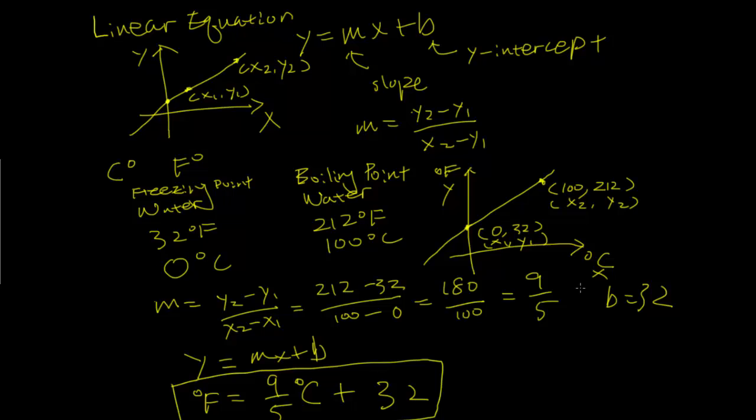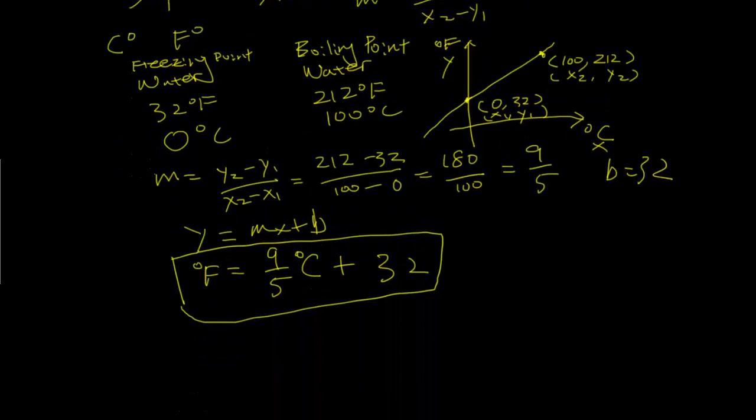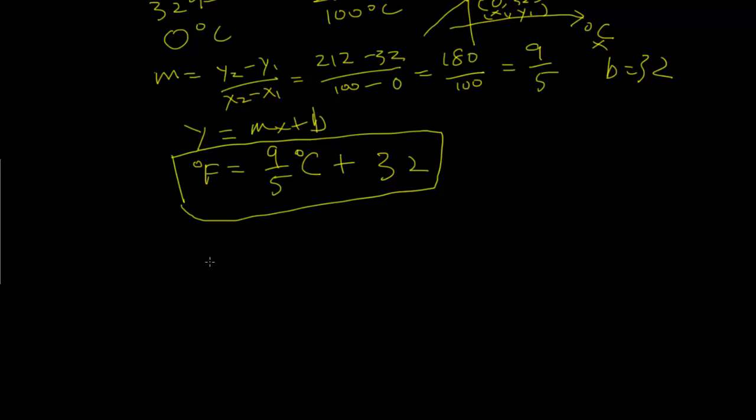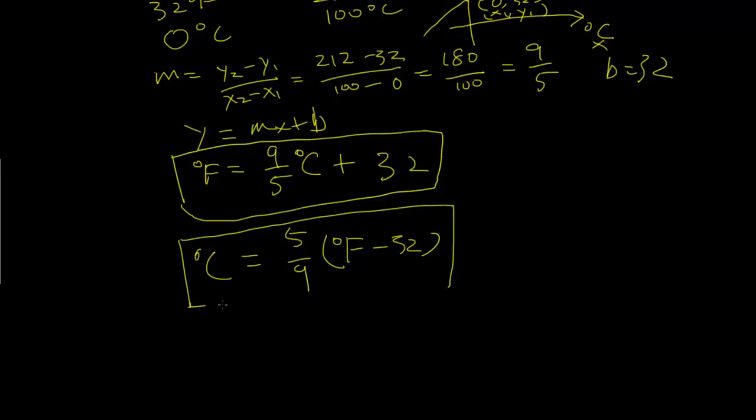If we rearrange this equation, if we subtract both sides by 32 and multiply both sides by 5 over 9, we'll get an equation that calculates the Celsius given a Fahrenheit temperature.